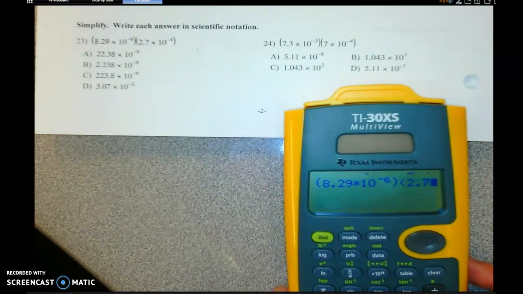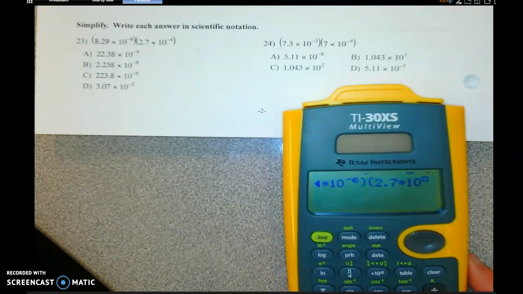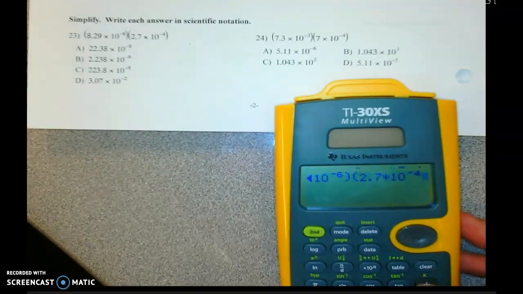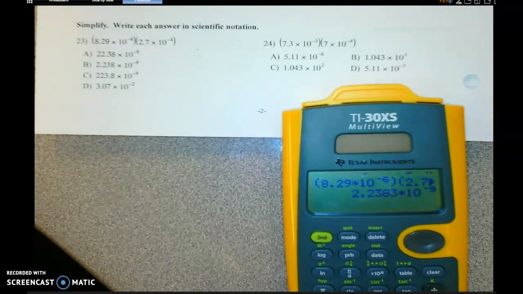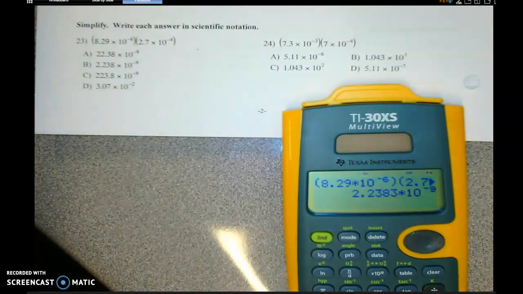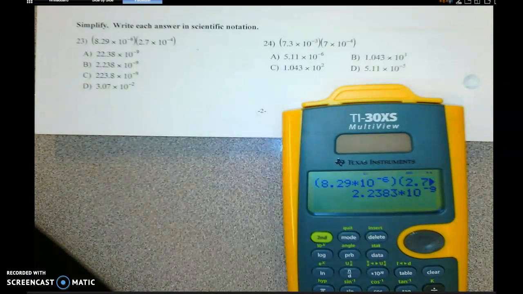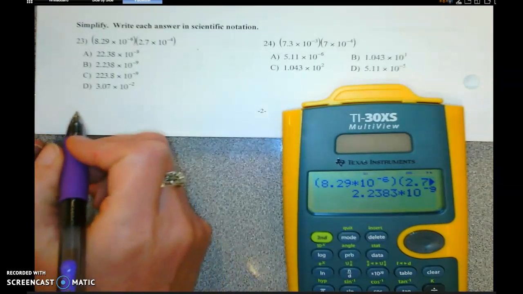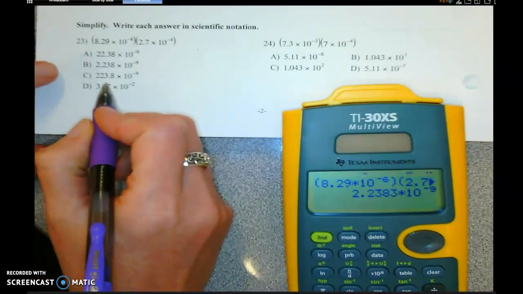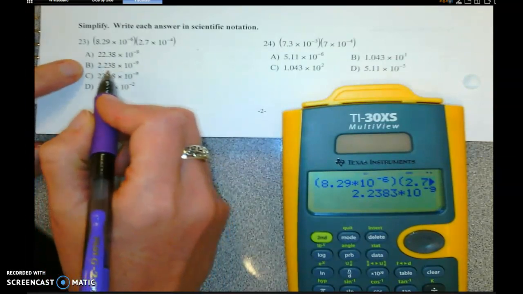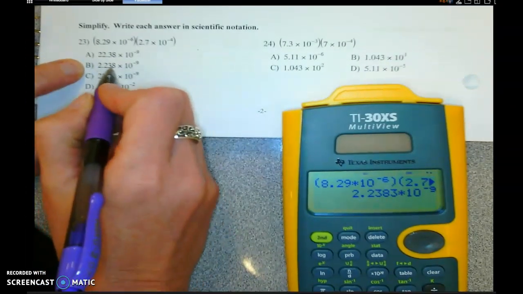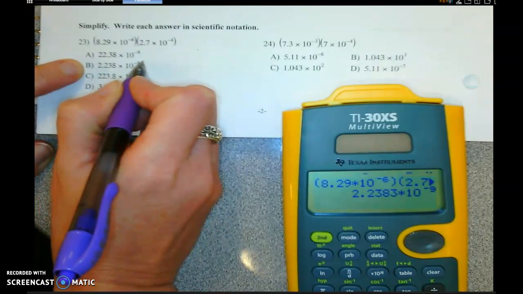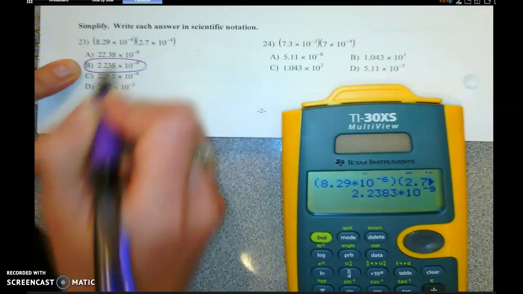Parentheses 2.7 times 10 to the negative 4. Okay, enter. Okay, and so when we hit enter and we get our answer, we end up with that 2.238, and they rounded to the negative 9.